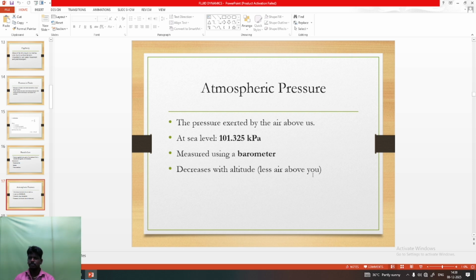At sea level, the atmospheric pressure value is 101.325 kilopascal, in some cases written as 1.01325 bar. It is measured by a barometer. It decreases when the altitude increases. If the altitude increases, the atmospheric pressure also decreases.